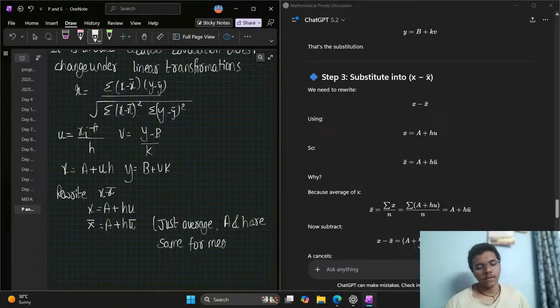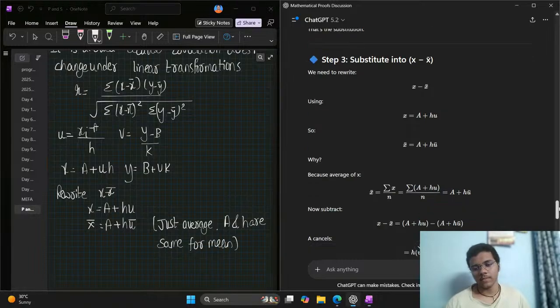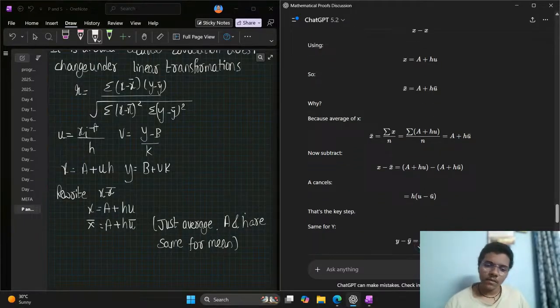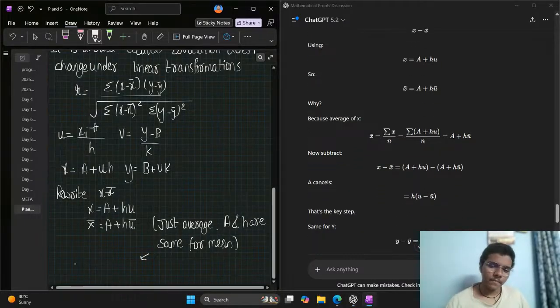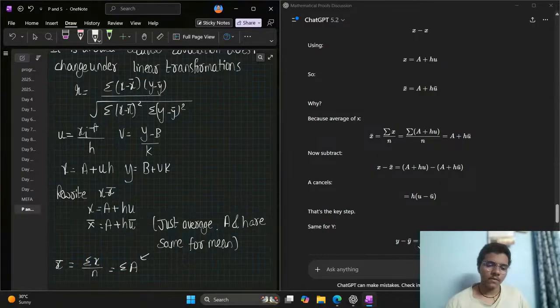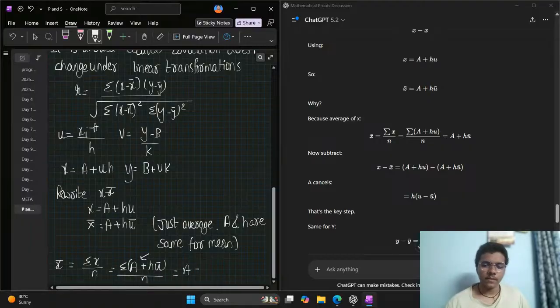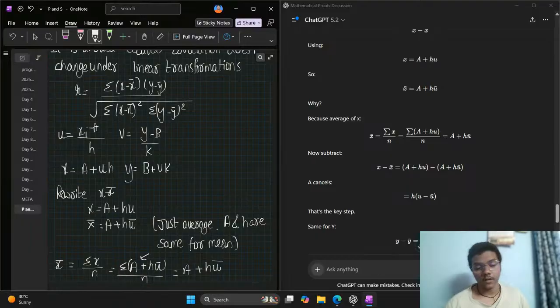If you need, you can just do this if you want, or maybe let's better write it out. Sigma x by n is sigma (a plus hu) by n, a plus h u bar, right?